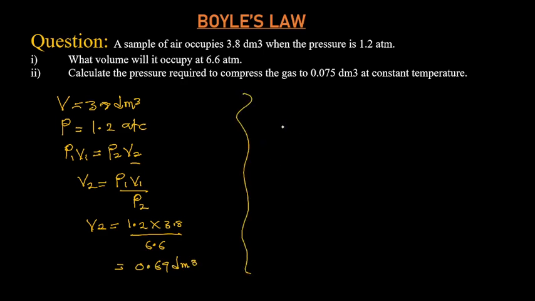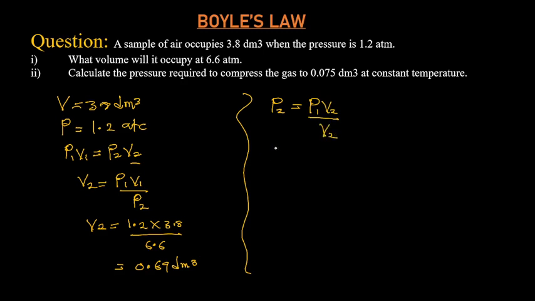Now the second part says calculate the pressure required to compress the gas to 0.075 dm cube at constant temperature. Constant temperature. All right. So what we are looking for now is the pressure. So pressure P2 will be equal to P1 V1 divided by V2.